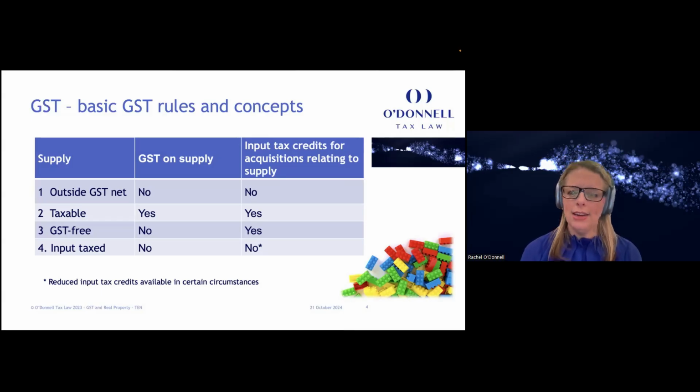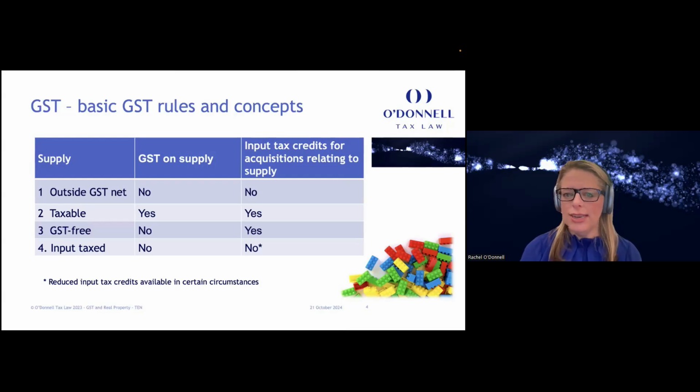Where an entity is entitled to an input tax credit, they need to have what we call a creditable purpose. So that's essentially making the acquisition in the course or furtherance of their enterprise and not for a non-creditable purpose, which in essence is for the purpose of making an input taxed supply. That'll be a bit clearer as we go through these examples, but that's a very important thing to note.